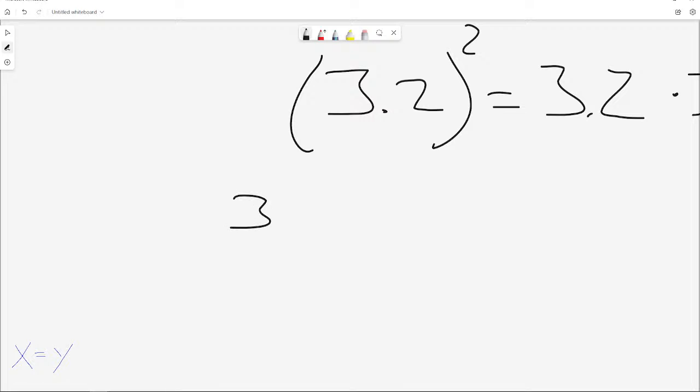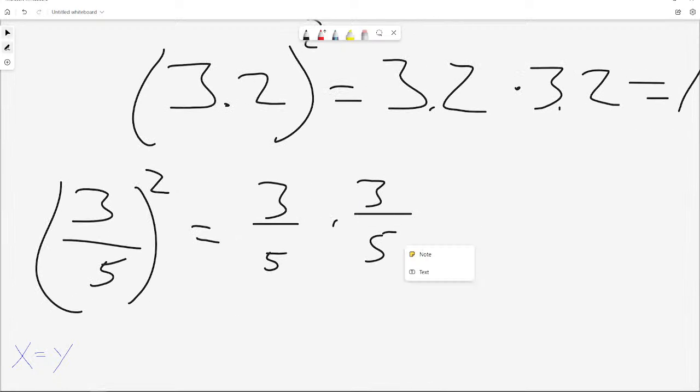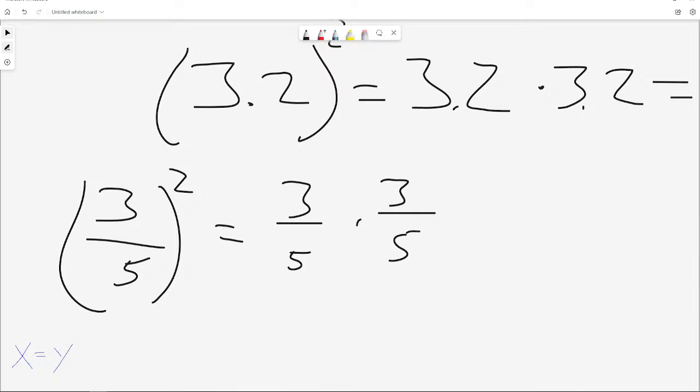We can also have, say, 3/5. If we squared 3/5, we would come up with 3/5 times 3/5. Remember, in multiplication, we multiply the numerators and the denominators. And that's as much as it can reduce.